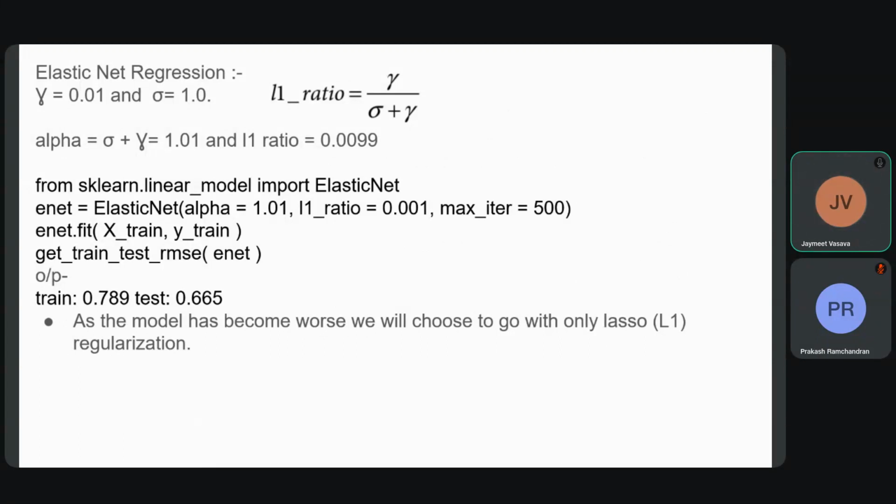So using these values for our elastic net model and then passing that to the custom method of get train test RMSE, we are getting the train value of 0.789 and the test value of 0.665, which kind of makes the scores worse. So we'll be sticking to the Lasso, which is the L1 regularization model, which gave us the best scores for the models that we have trained.